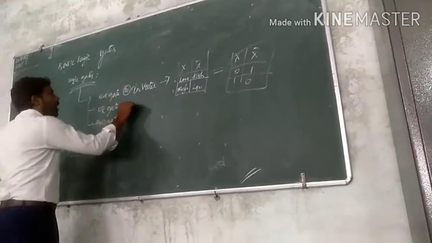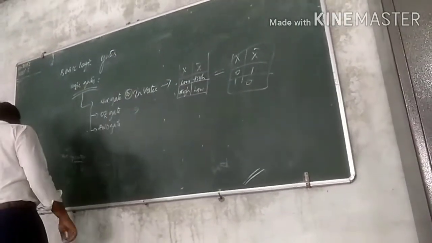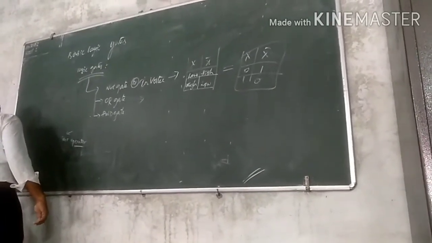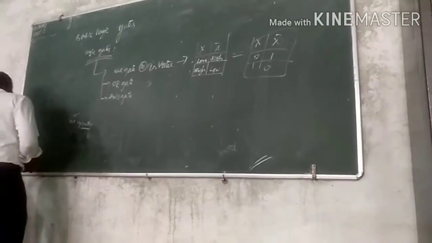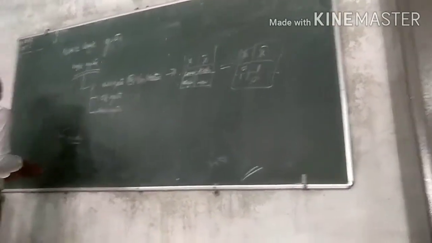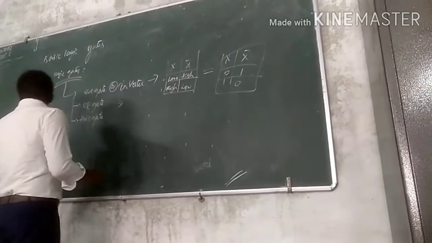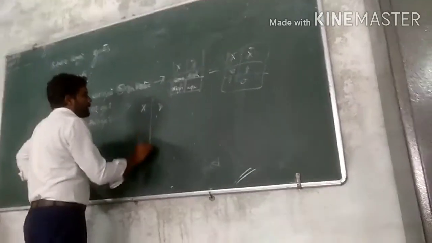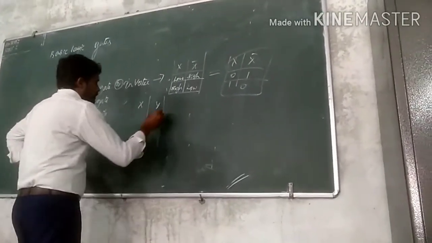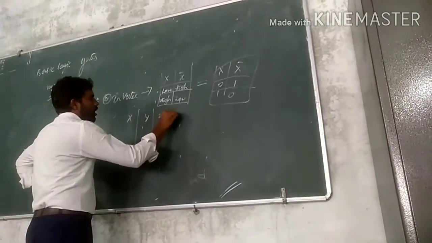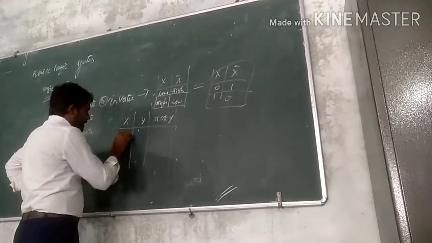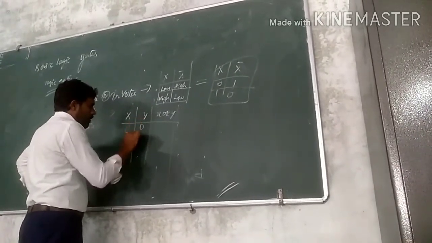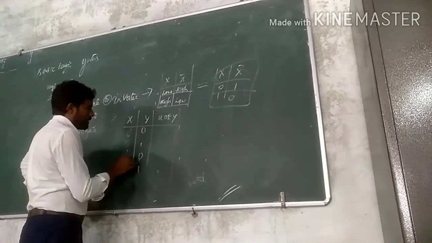Next, the OR gate. Here we have x, y and x or y: 0 0 1 1 and 0 1 0 1.